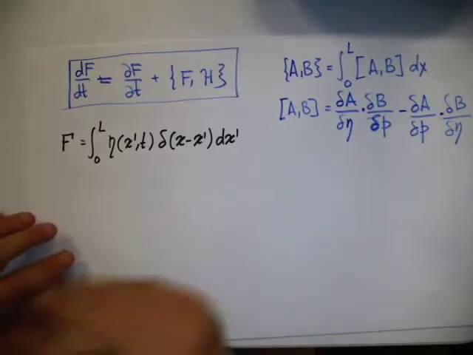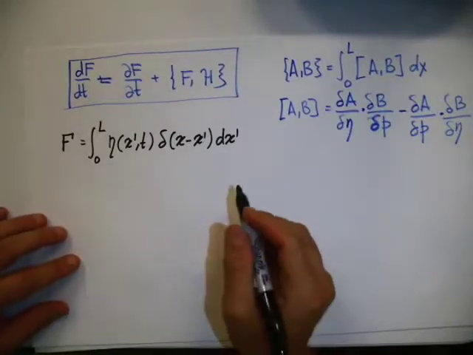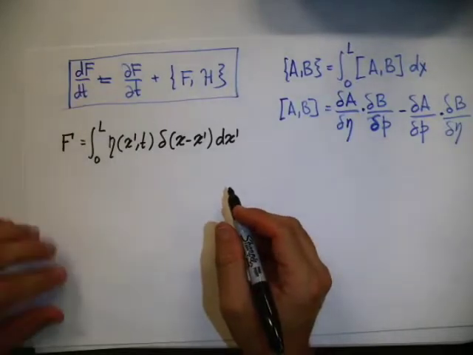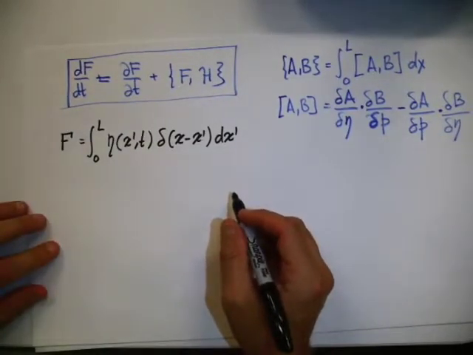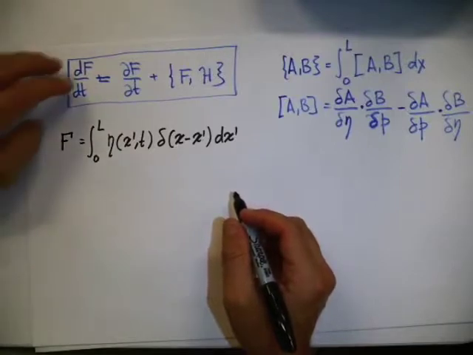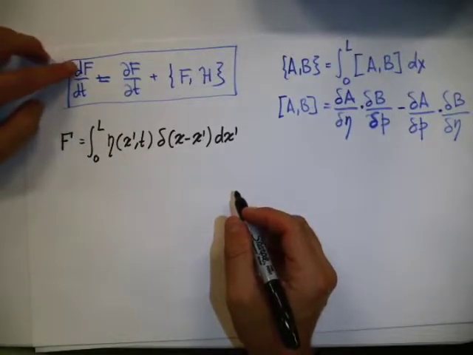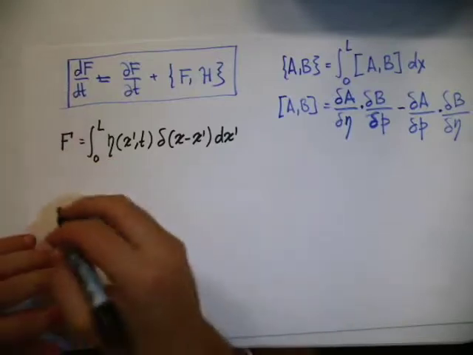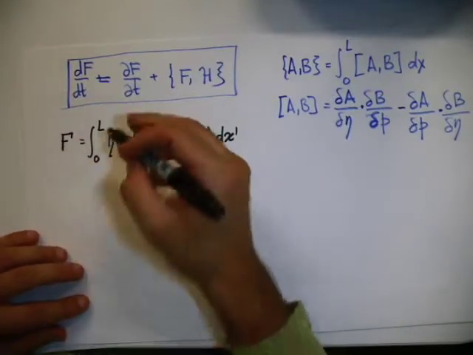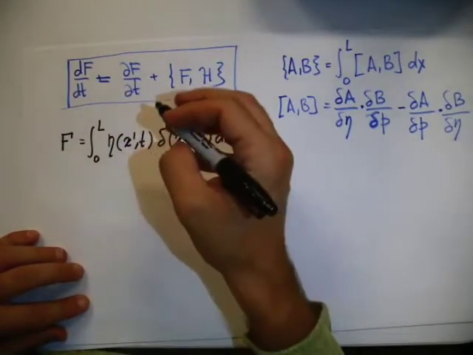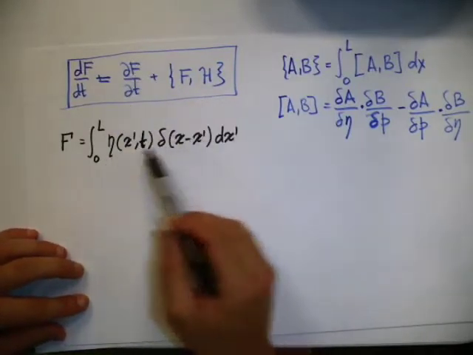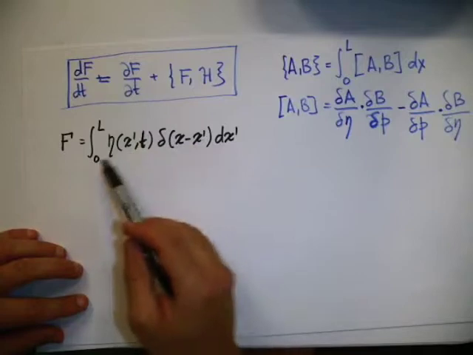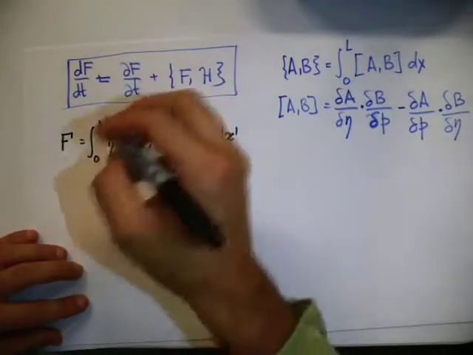Let's apply this formula, and of course the total df dt is going to be equal to what? There is no extrinsic dependence on time in this functional, so that derivative disappears.